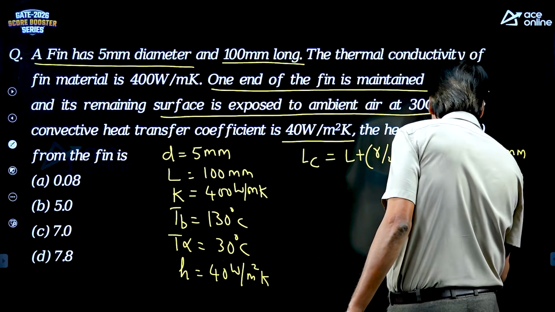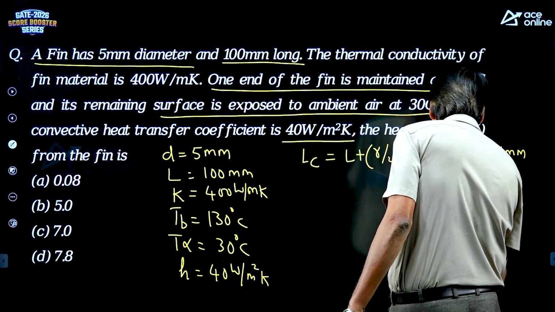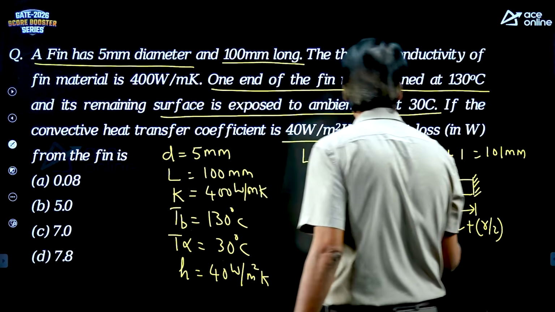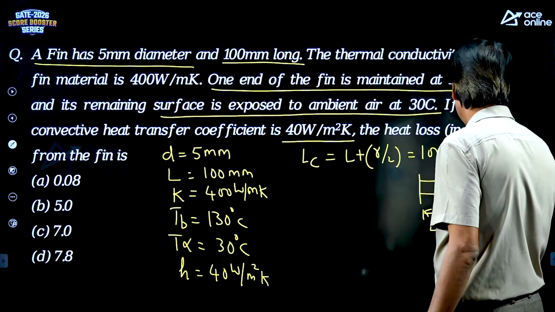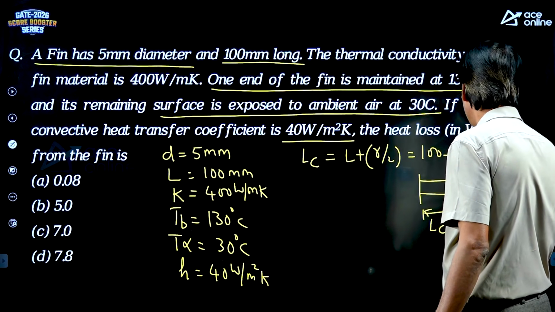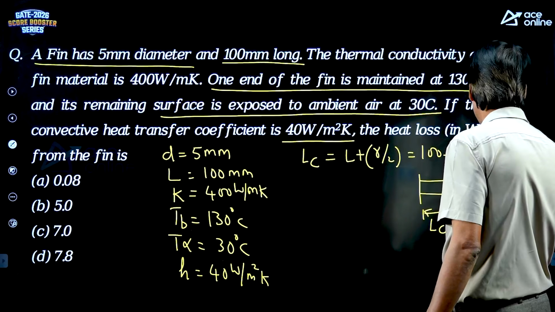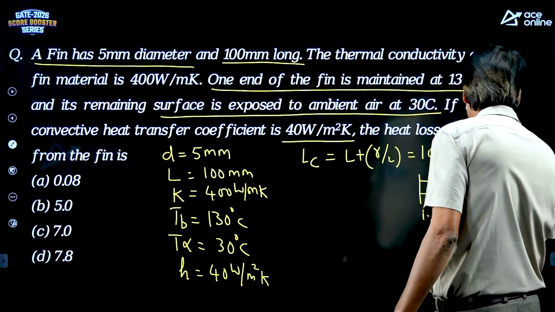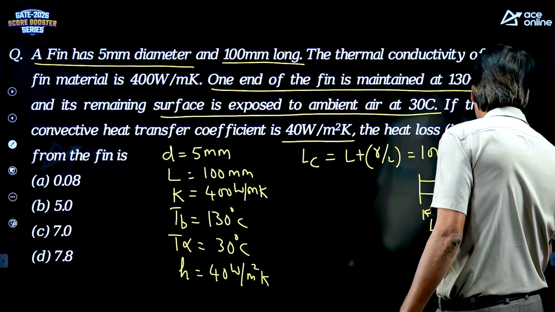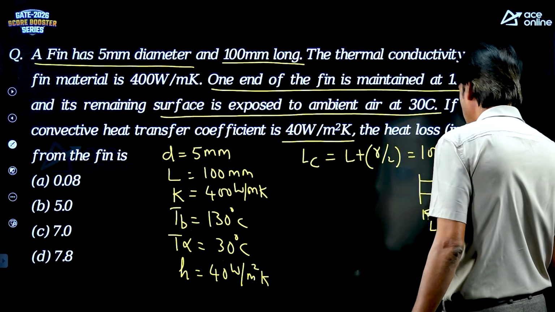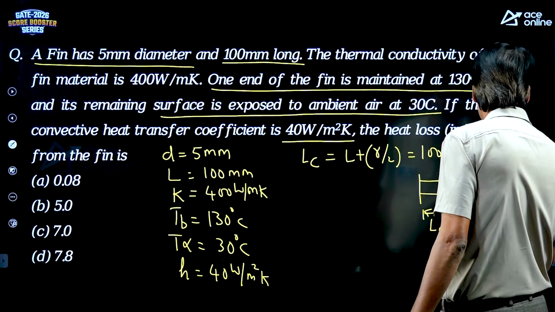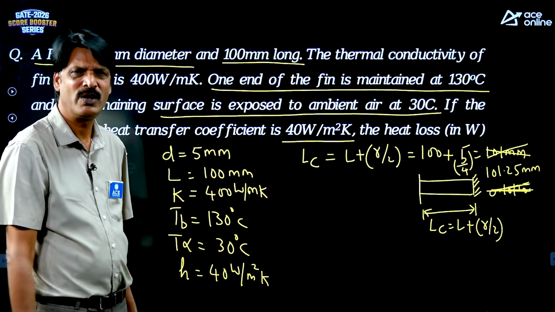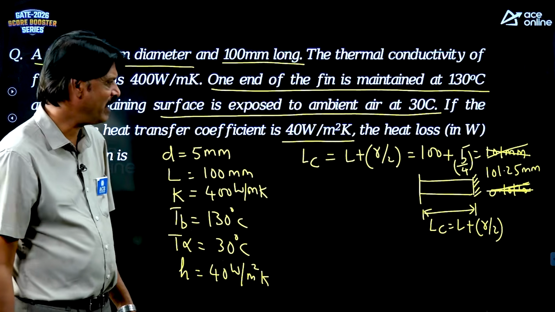I will take a correction length LC, which is L plus D by 4, because this is 5 by 4. So this value becomes 101.25 mm or 0.10125 m. We will write this in terms of mm and later convert into meters: 101.25 into 10 power minus 3.